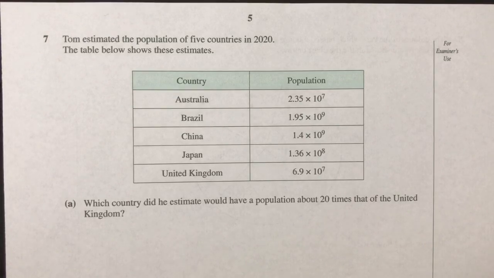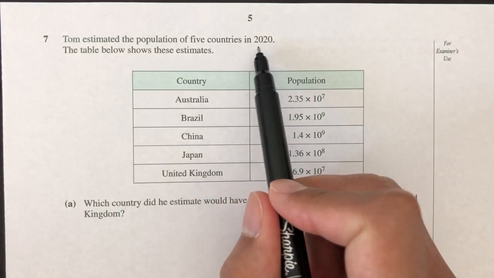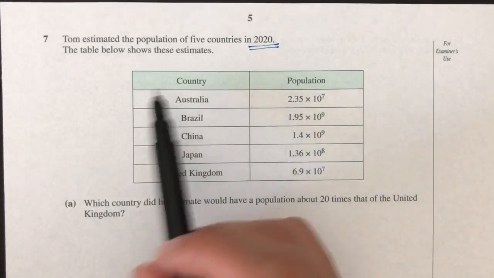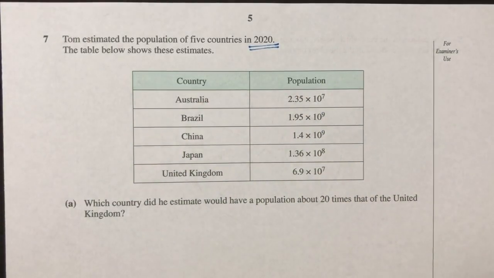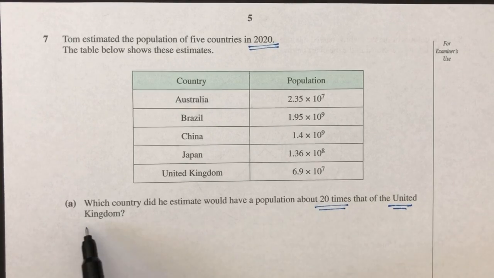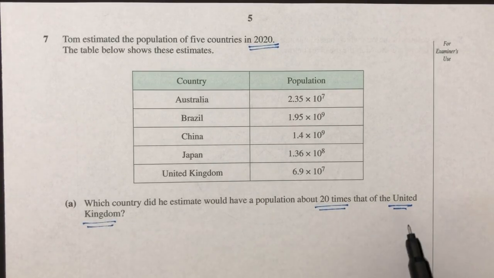So Tom estimated the population of 5 countries in 2020. We have these countries and this is the population in each country. Now for part A, which country did he estimate would have a population about 20 times that of UK?